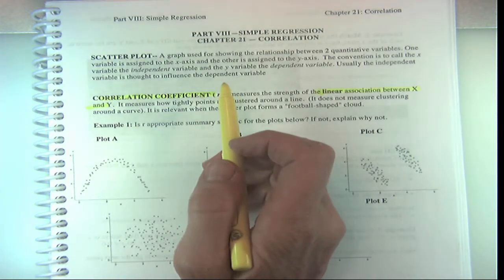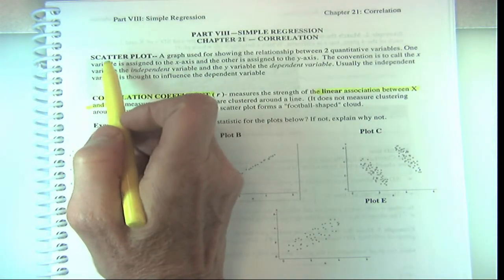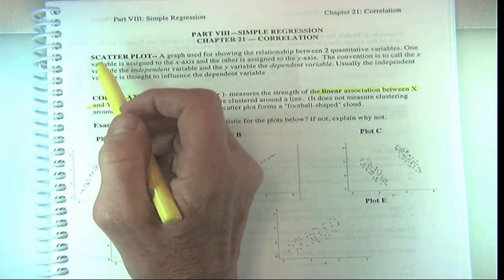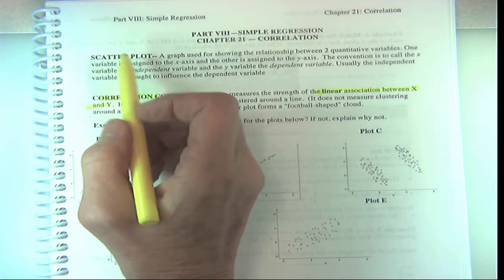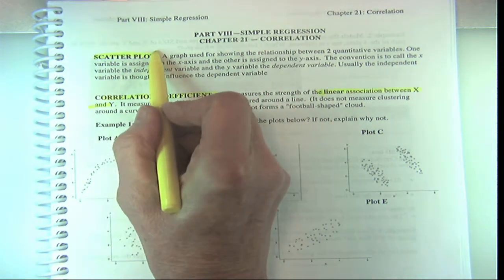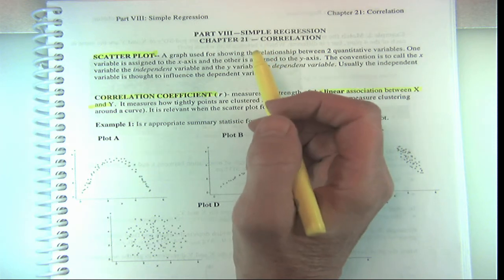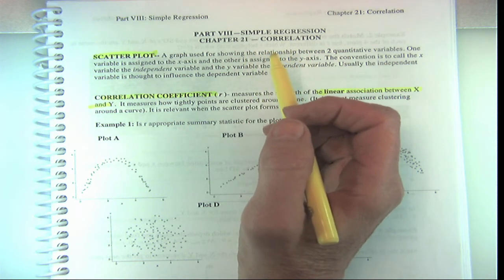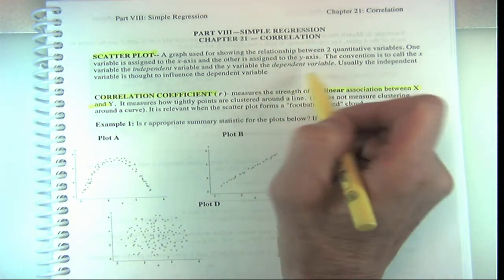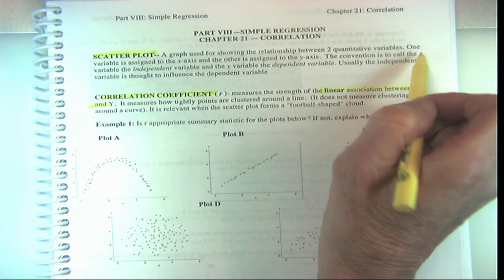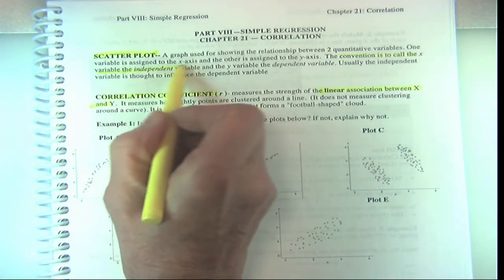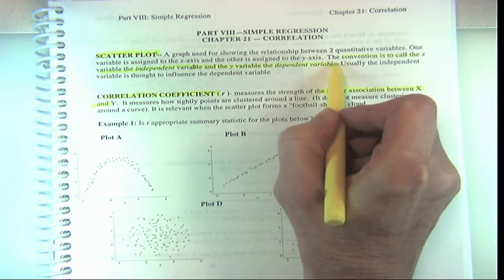And the graphical display we're going to use instead of a histogram, because we want to show both x and y together, is a scatter plot, where we'll have x as the independent variable.